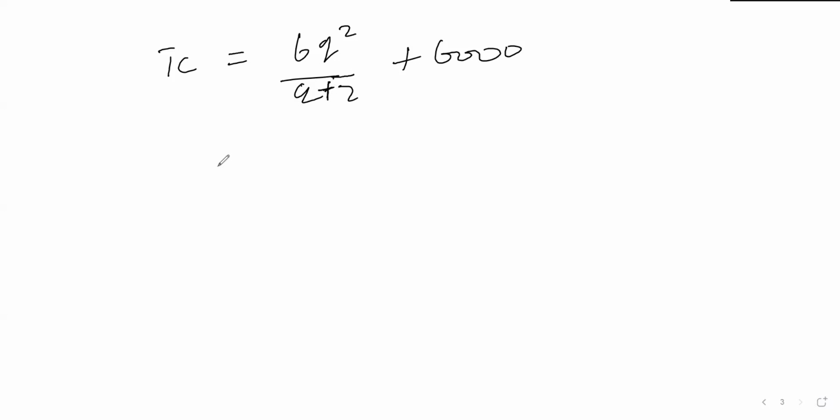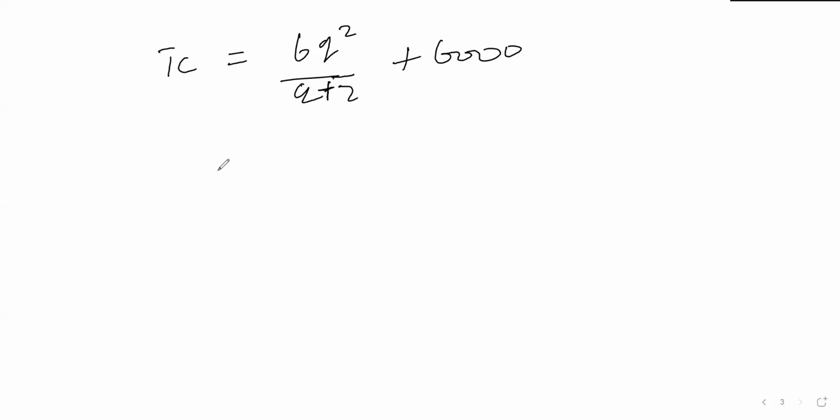Okay, so let's look at an example of the cost function now, finding marginal cost and average cost. It just follows in the same way, except that we will be using a cost function. Given that the total cost function for a product is given by 6Q squared divided by (Q plus 2) plus 6,000, we are asked to find the marginal cost and the average cost for this product.